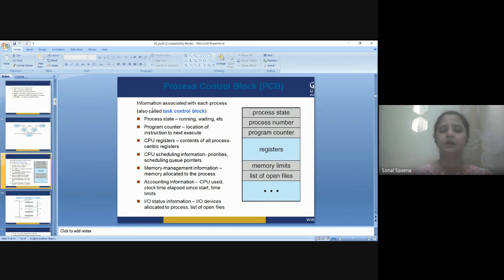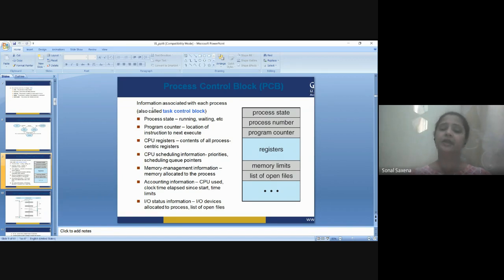See, in the previous slide, I have told you that a process, first of all, needs to be created before its execution. So let me tell you this important point: for every process in the operating system, once you create a process, it is allotted a special piece of information called the process control block.